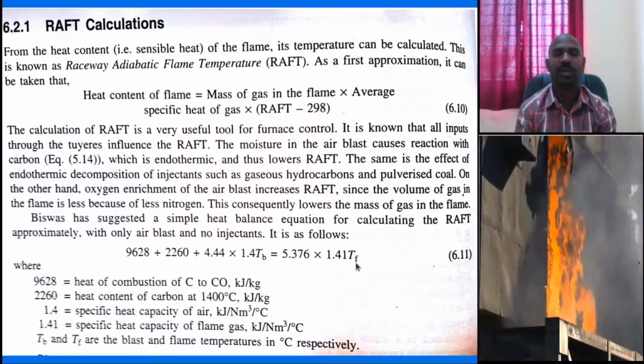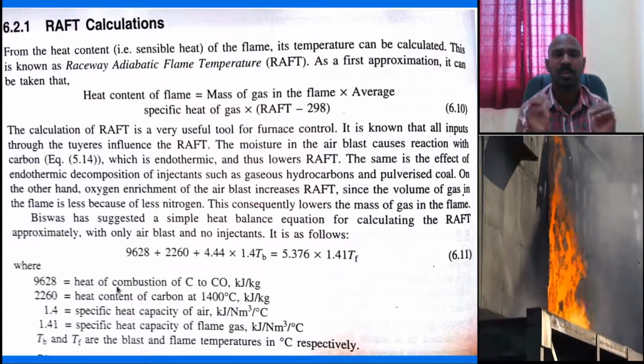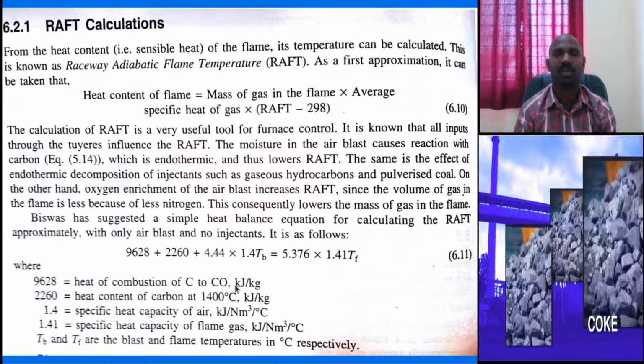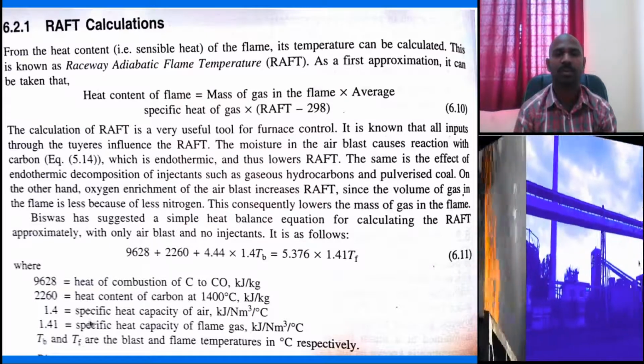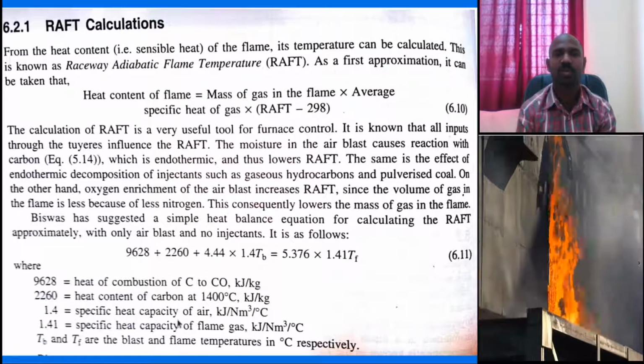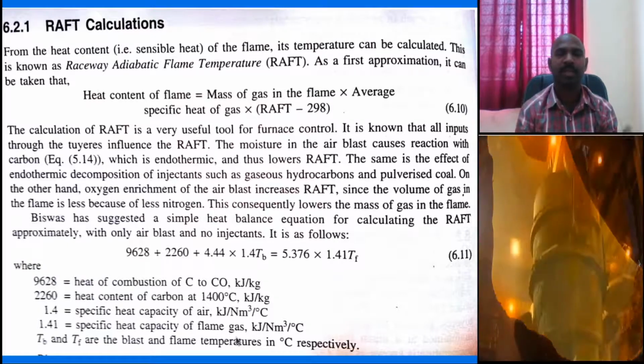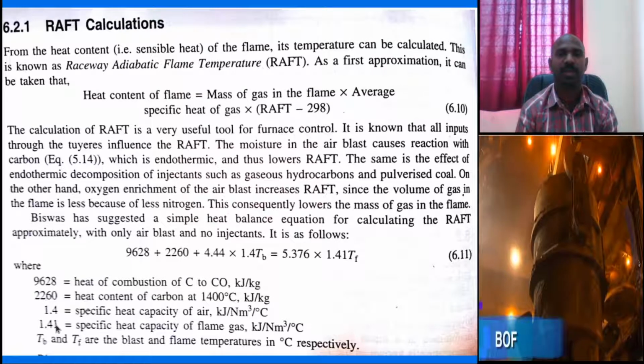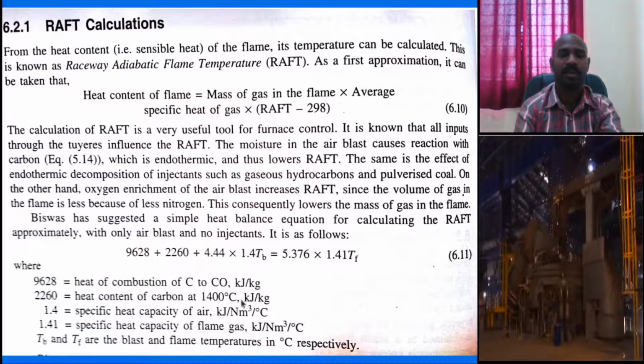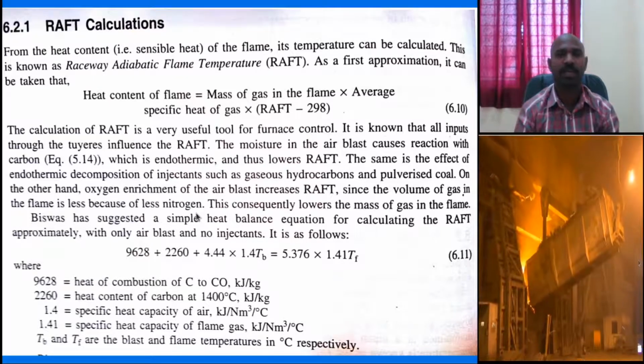Finally you can calculate TF. So the heat of combustion value, CO2, CO, heat content, and 1.4 is the specific heat capacity of air. Specific heat capacity of the flame gas is 1.41, and this is how you calculate.